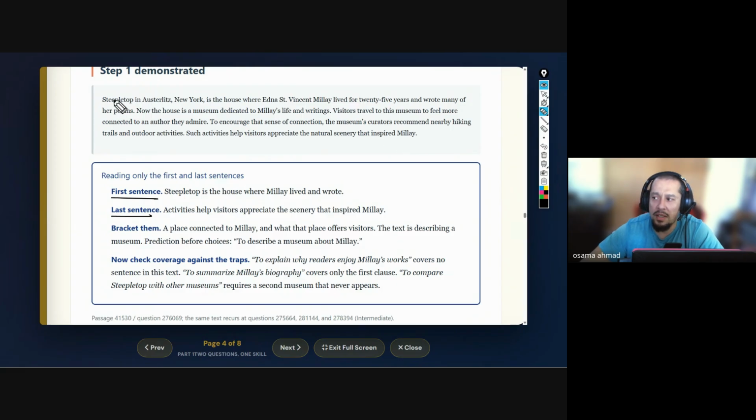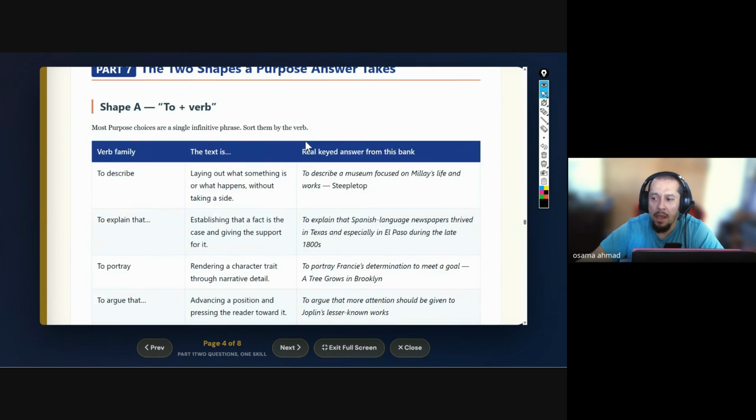So the first sentence tells me where she lived and what she did. The last sentence tells me activities visitors can do, right? So maybe we can say, what is the purpose? People get to know Malay at a deeper level, because they go to the place she lived and do the activities she used to do, right?